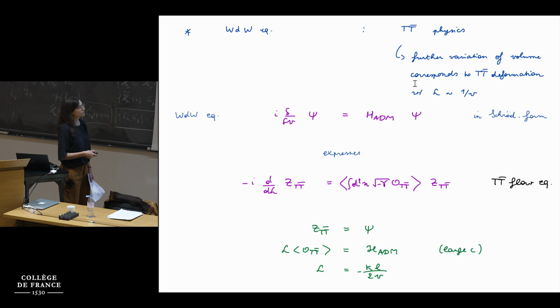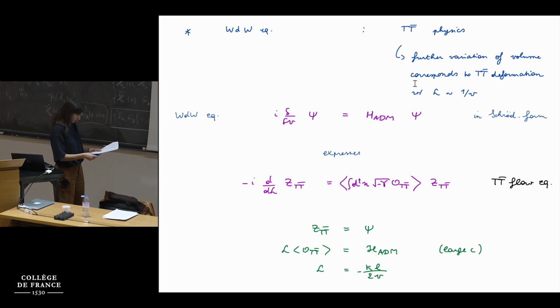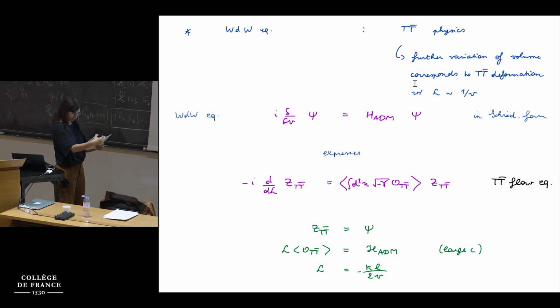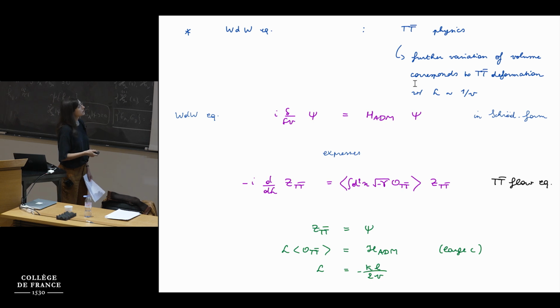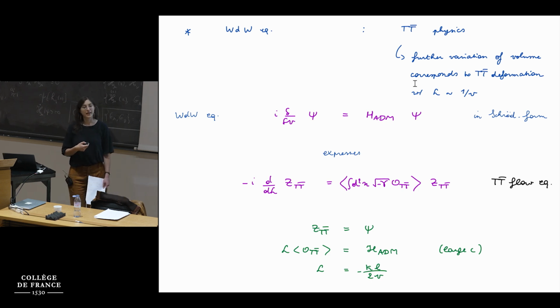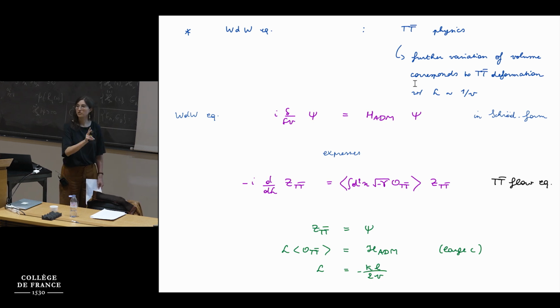The ADM Hamiltonian density gives you the expectation value of the TTbar operator, which works at large C. And your TTbar coupling is given in terms of bulk parameters like this. So what we're doing here, by using the volume time description, is treating TTbar really as the extension of the holographic Weyl anomaly further into the bulk.